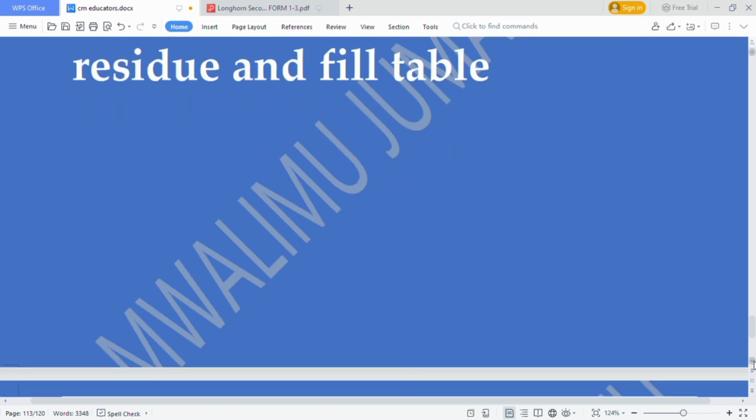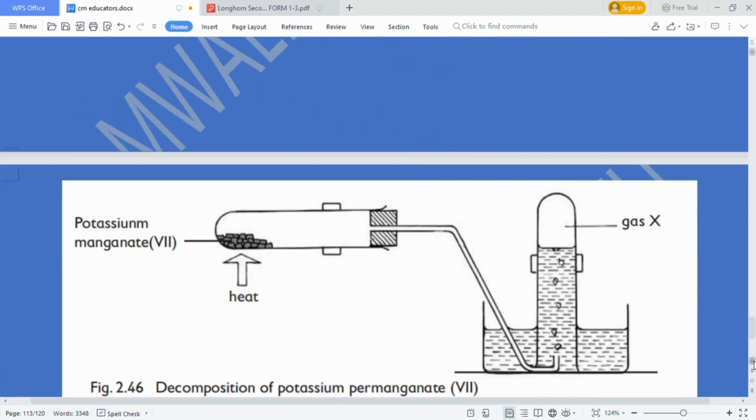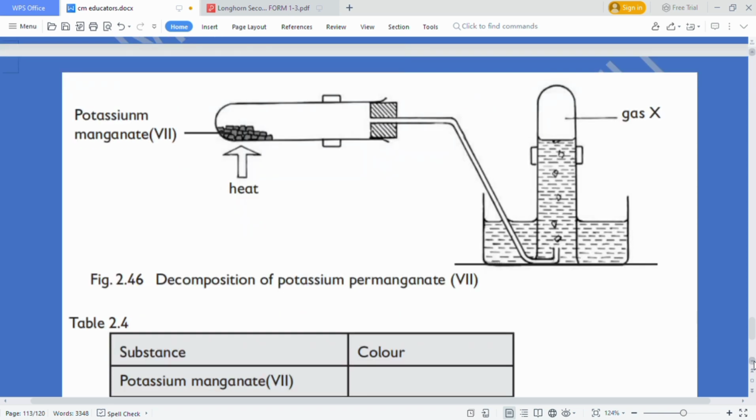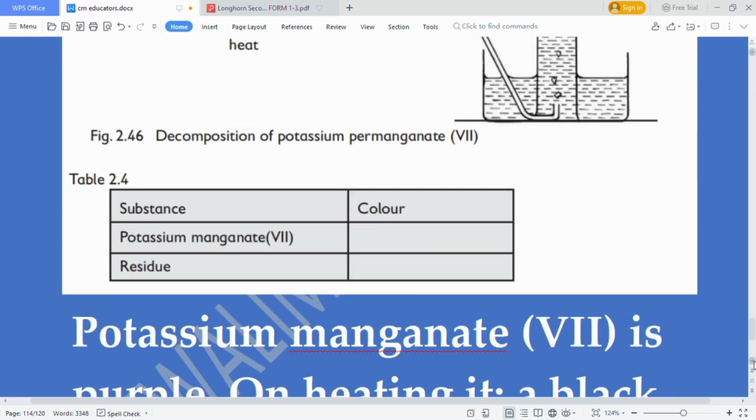Now this is the setup of the apparatus. So here we have potassium manganate 7. Now we are providing heat to it so that decomposition takes place, and there is a gas production that is being collected over water. Potassium manganate 7 is purple.